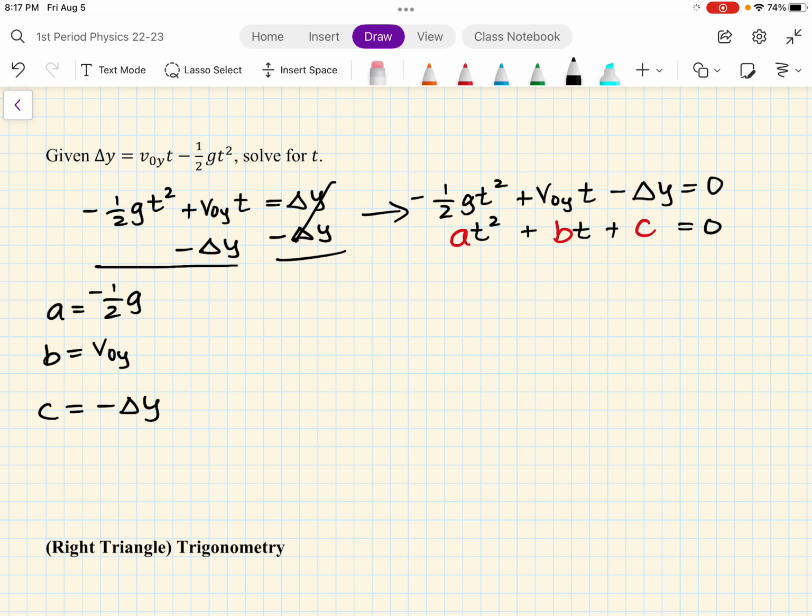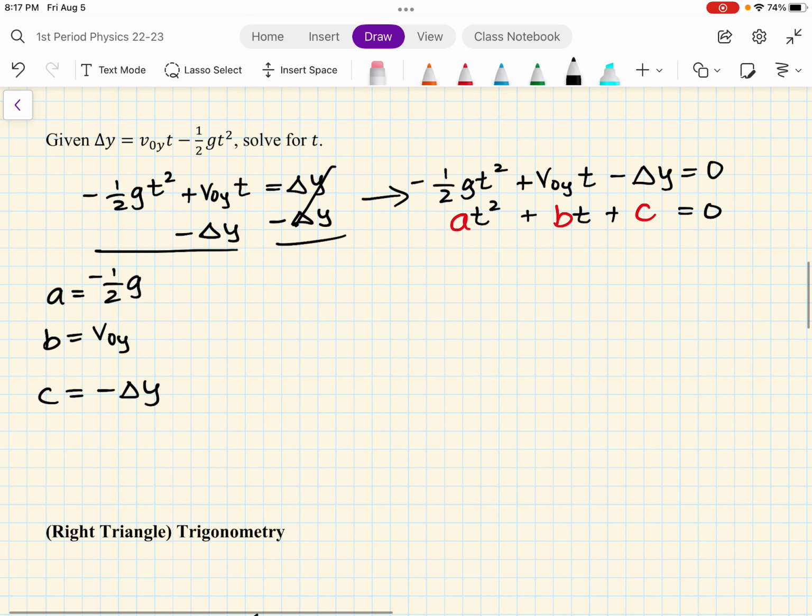Now it's going to look very different from that, right? Because we don't have any numbers. But you would follow the same thing. So in this case, not x, but t is equal to negative b. So negative v naught y plus or minus, I'll do the square root later, b squared, so v naught y squared minus 4.